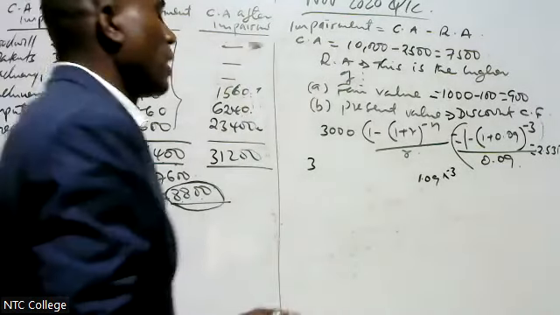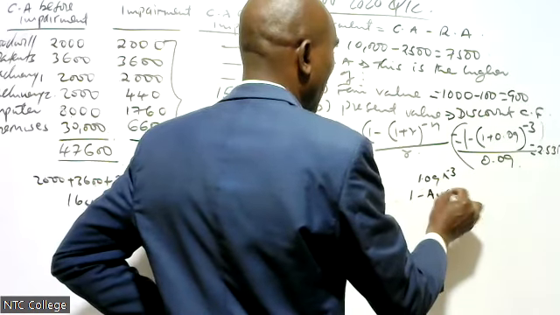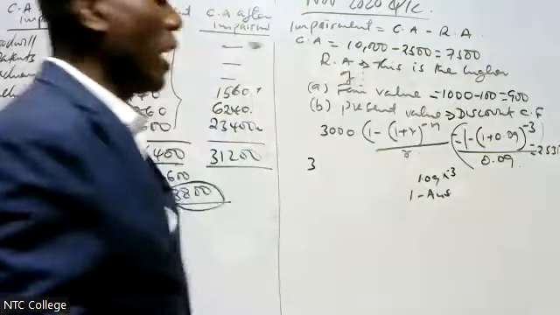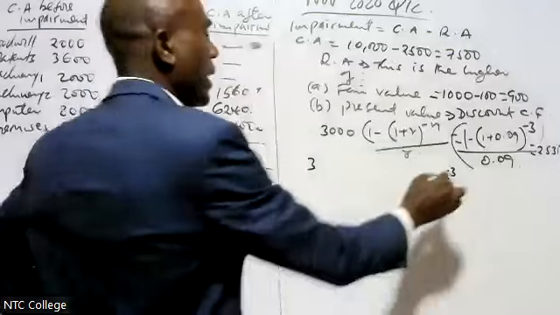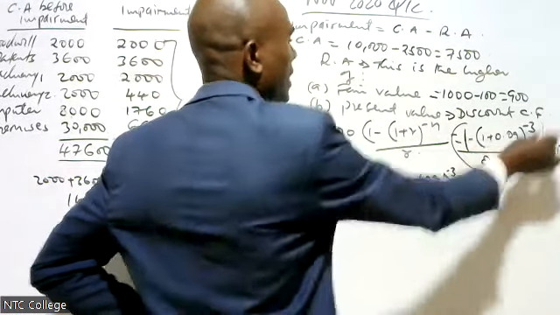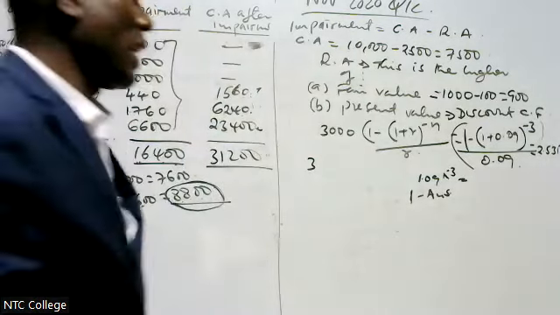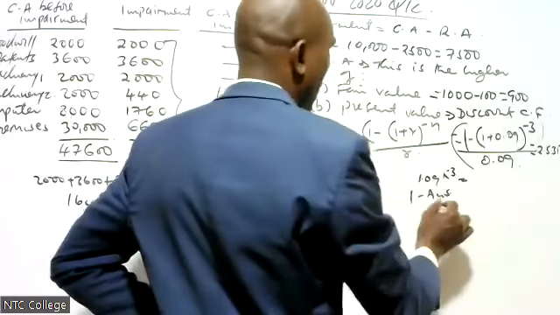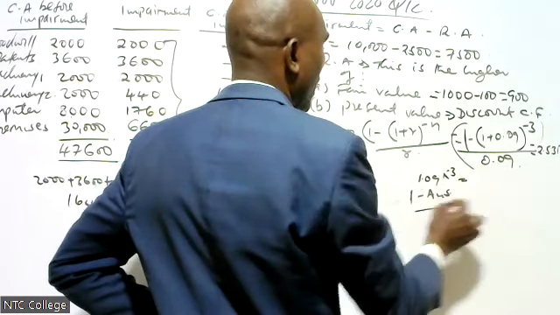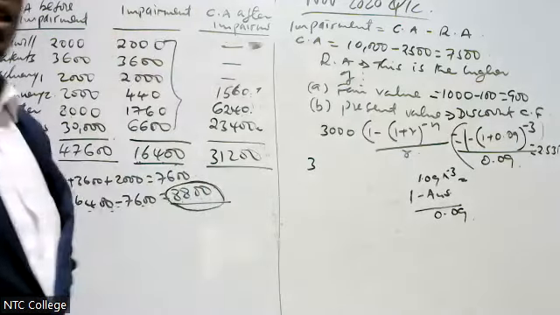Then you say 1 minus answer, that is, 1 minus the answer that you got here. After you say 1 minus answer on your calculator, then again you take the answer divided by 0.09.